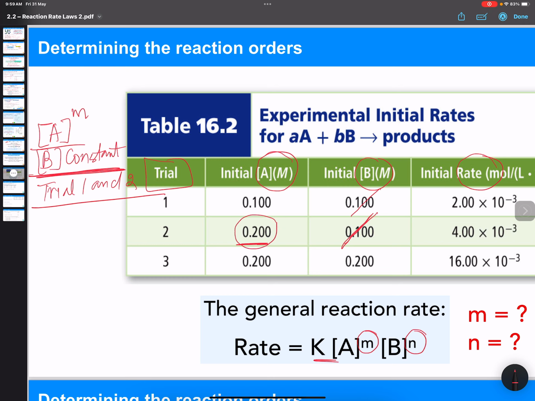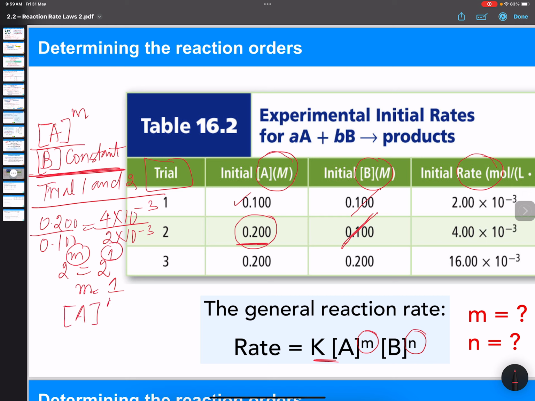So 0.2 over 0.1 equals 4 into 10 raised to minus 3 over 2 into 10 raised to minus 3. Solve it, 2. So the value of m is going to be 1. So the order with respect to A will be 1.